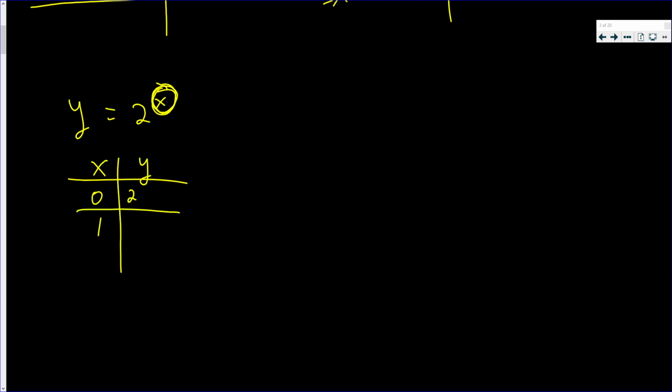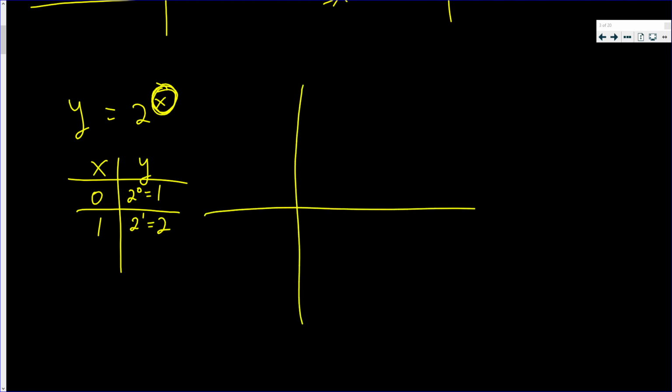Well, 2 to the 0 is 1, and 2 to the 1 is 2. With those 2 points, we can graph this. When x is 0, you go up 1, and when x is 1, you go up 2. And there's your graph. Problem's done. 2 points.